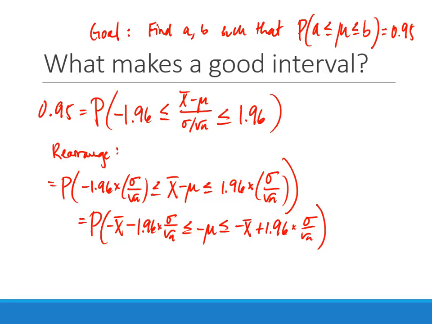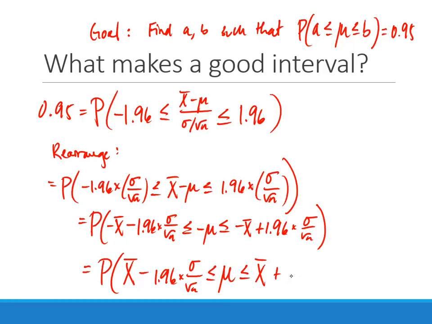And then we want a probability involving mu, not negative mu, so we can multiply through by negative 1, which again flips the direction of the inequality. That gives us x bar minus 1.96 times sigma over the square root of n, and x bar plus 1.96 times sigma over the square root of n.